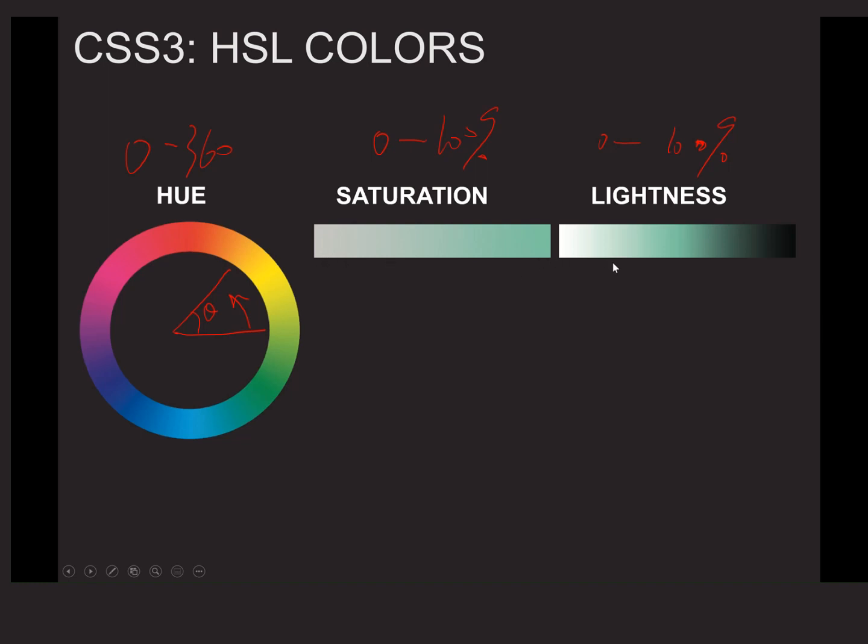Lightness, from here to here, 0 to 100%. So this is the meaning. You choose a color first, and then we adjust it by adding gray and black, to some degree.